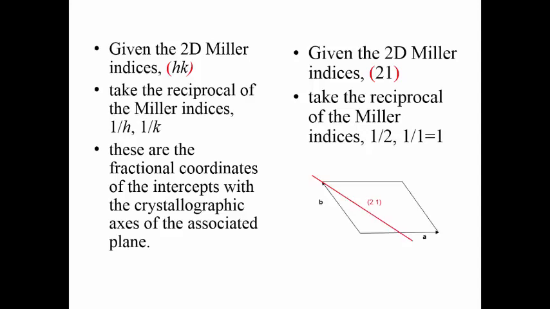So if you look at this red plane, you can see that along the A basis vector, or the x-axis, so to speak, you intercept at 1/2. Along the B, or the y-axis, you intercept at 1, and then you connect these 2 points to give us the plane. The plane is called then the (2 1) plane.